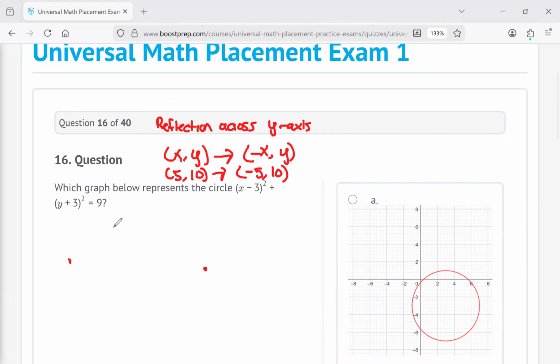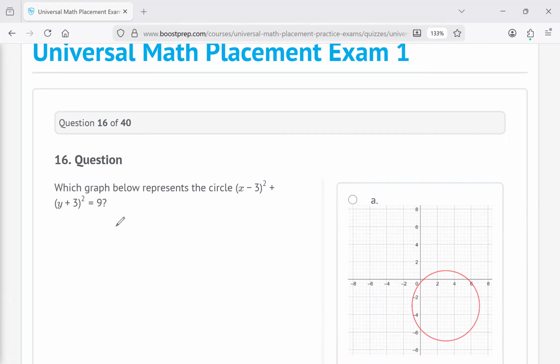Okay, question 16. Which graph below represents the circle x minus 3 squared plus y plus 3 squared equals 9? So what we have to do is first find the center. The center is the opposite of these numbers. So even though this is x minus 3, your x value is going to be positive 3. And then this y plus 3, even though it's a positive 3, it's always the opposite, so negative 3.